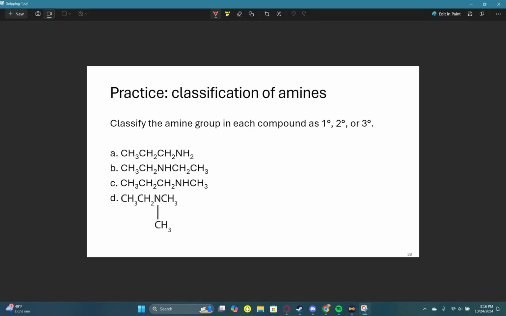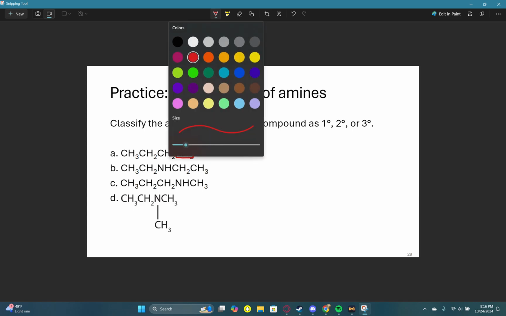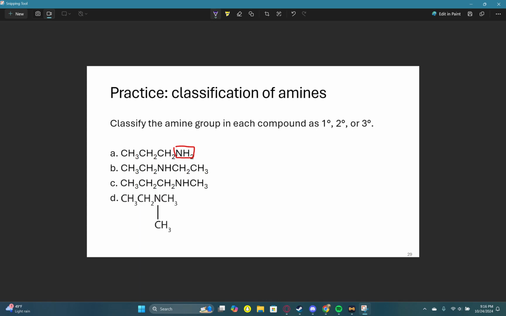So in example A, I can already see the NH, right? I know that we're working with amines because I see NH, so it's ammonia. And this NH, this ammonia molecule, is bonded to one carbon, meaning that this will be a primary amine.